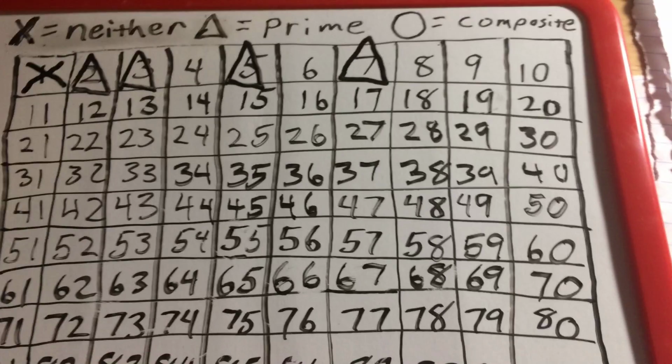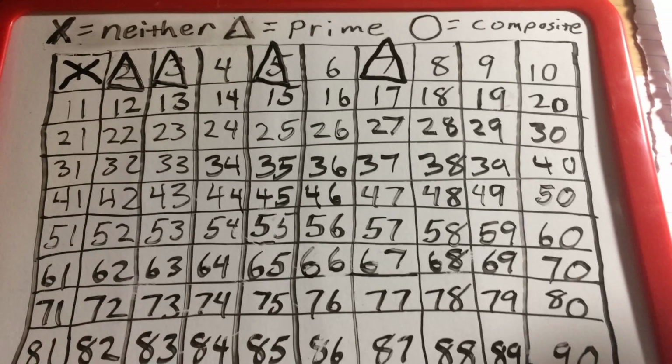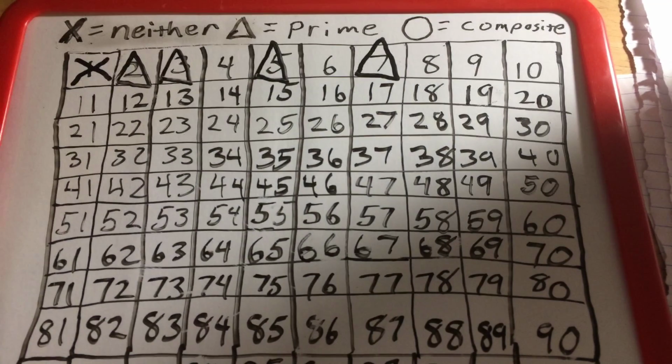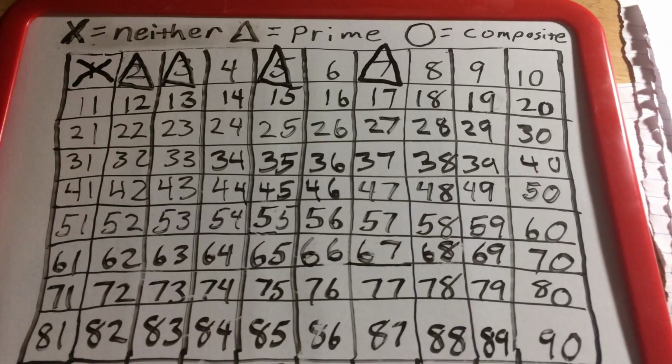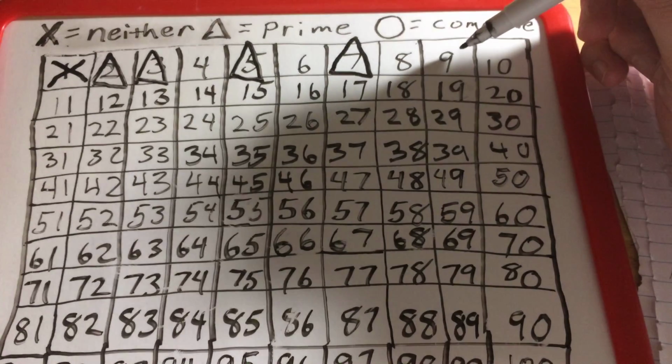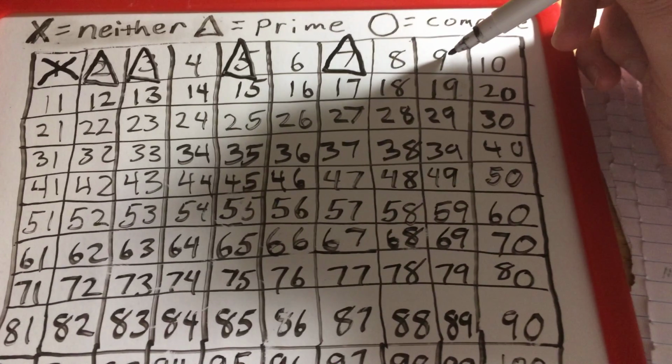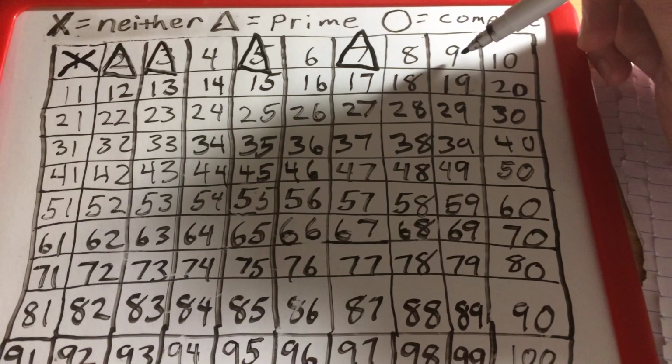And it's now with this knowledge that we learned about that we circle all of the composites of the 2s. We're not going to worry about the 3s because we know this is a composite of 3s, 3 times 3, but we're not going to address the 3s for a while.